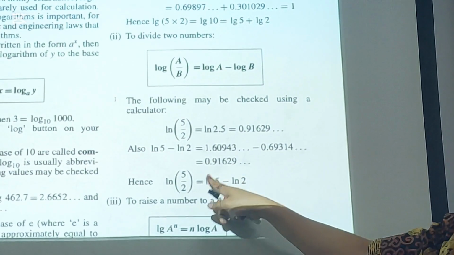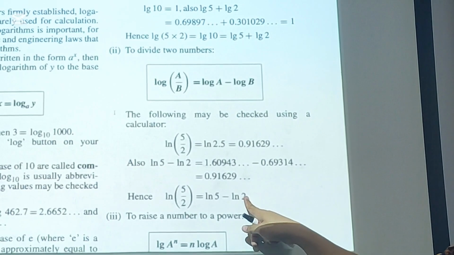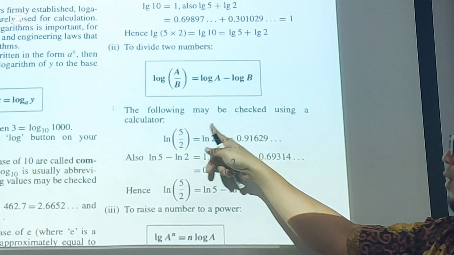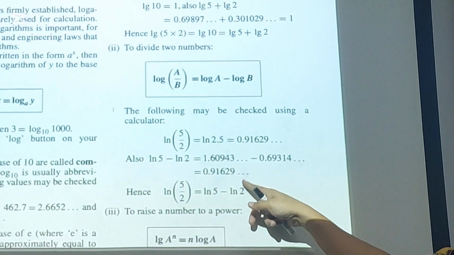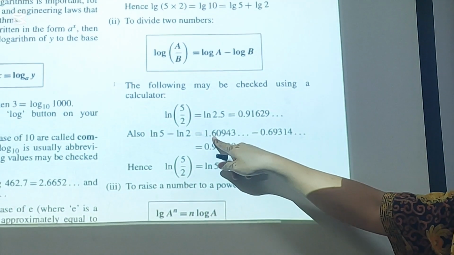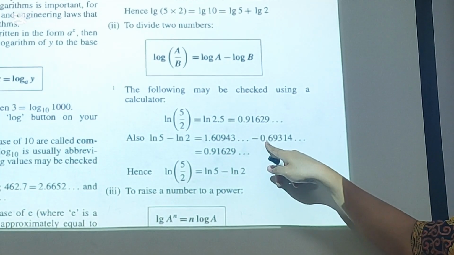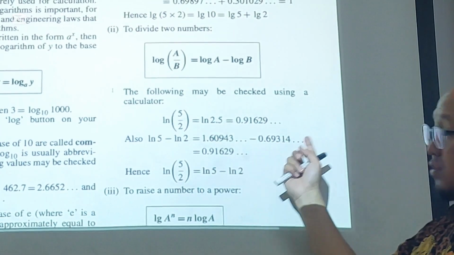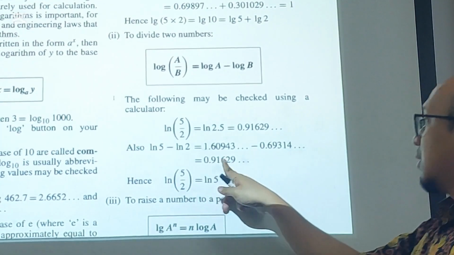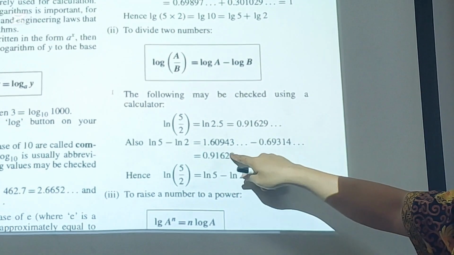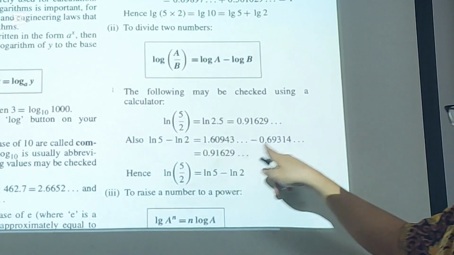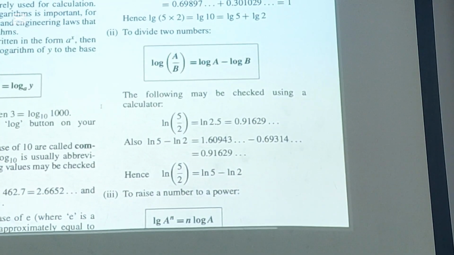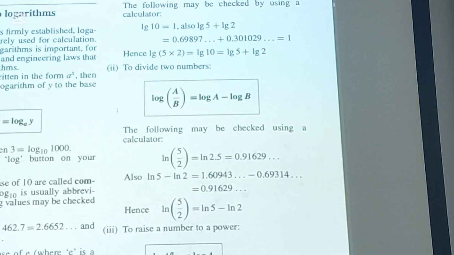Using this shape, you will also get the same value with ln 2.5. ln 5 will be 1.6, ln 2 will be equal to 0.69. So if you subtract, it will be 0.91. It will be equal using this shape or using the second shape. This is the second law of the logarithm.